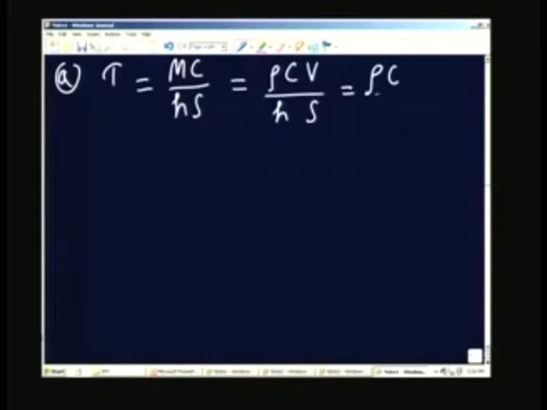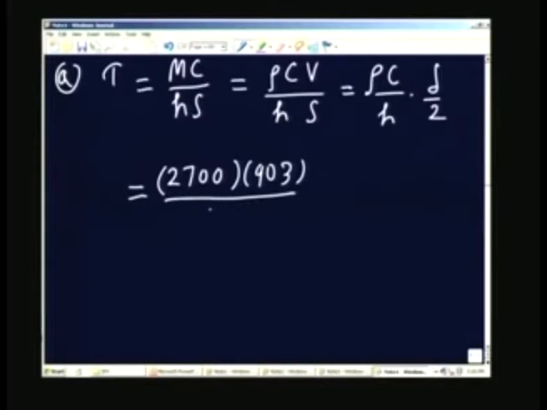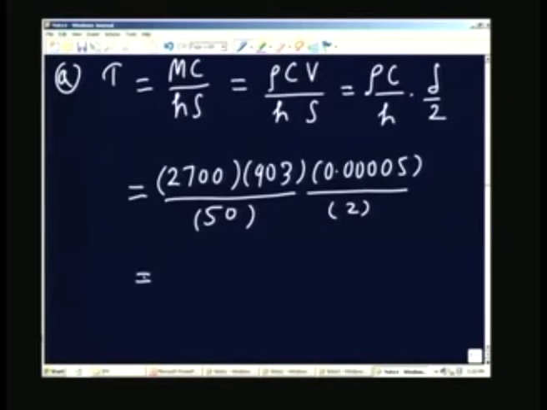Therefore, this becomes rho C by h into delta by 2. Now, I can plug in all the values. Rho is 2700, C is 903, h is 50, and delta is 0.00005 divided by 2. So, the time constant comes to 1.219 seconds. So, the time constant of this particular system is 1.219 seconds.